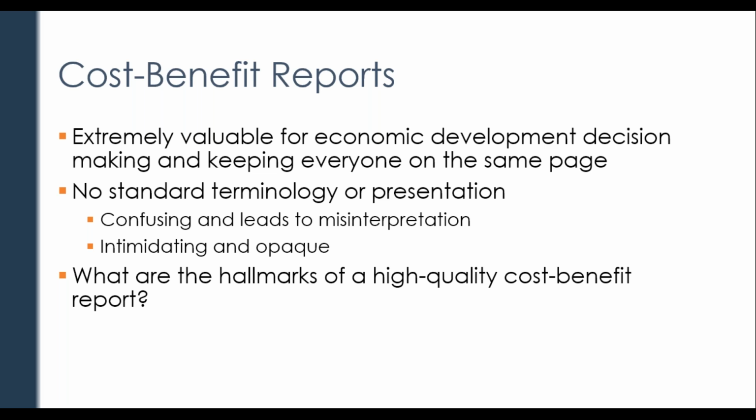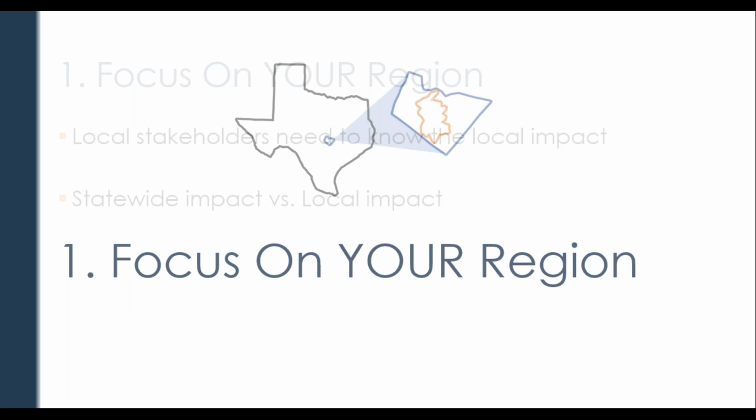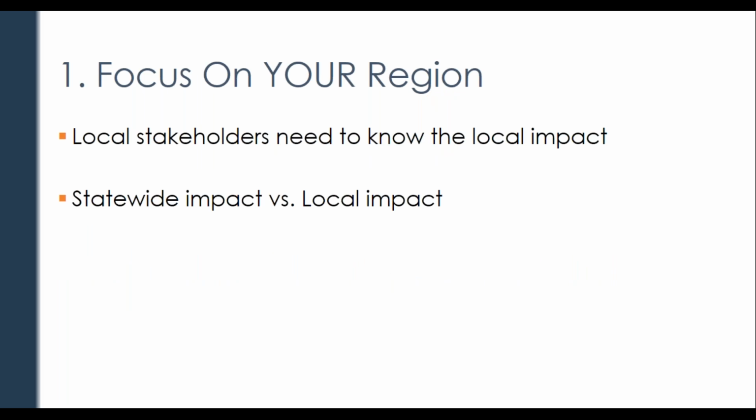So the first thing of our 7 things that a board needs to know about cost benefit reports is that the report really needs to focus on your region. If you are a local ED organization working on behalf of the city, and that's your jurisdiction, then if you get an impact study or a cost benefit report prepared for you, it should speak to your local impact at the city.